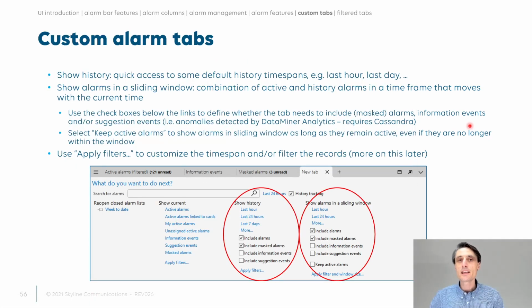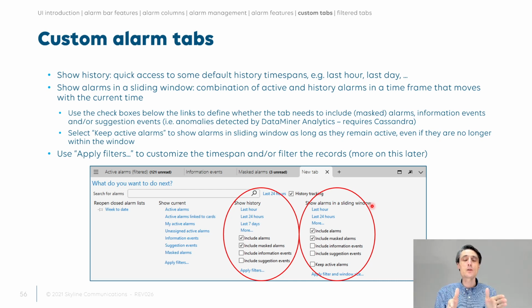Okay, next to the history alarm, we also have what we call a sliding window. What is now the difference between history and sliding window? Well, history is a specific time slot on what happens, and the time slot doesn't change anymore.